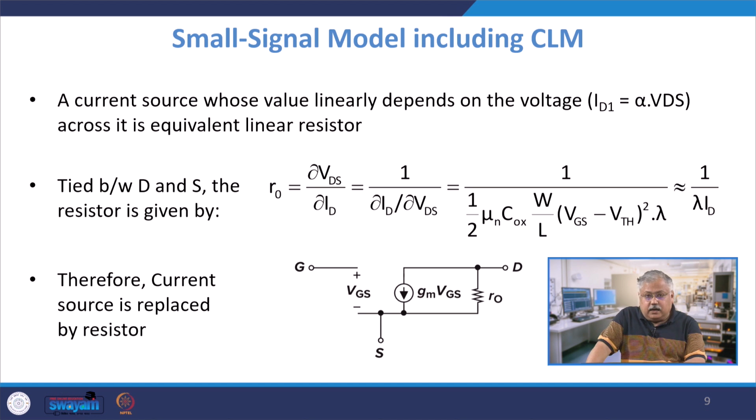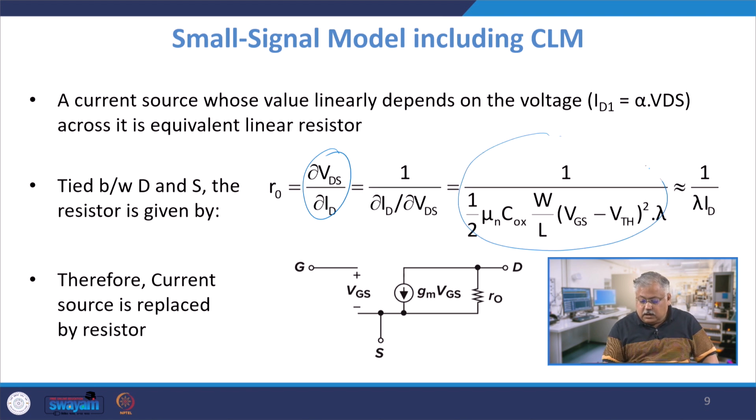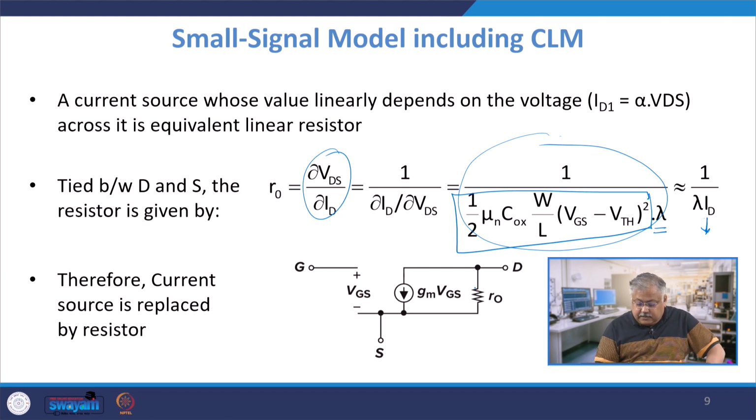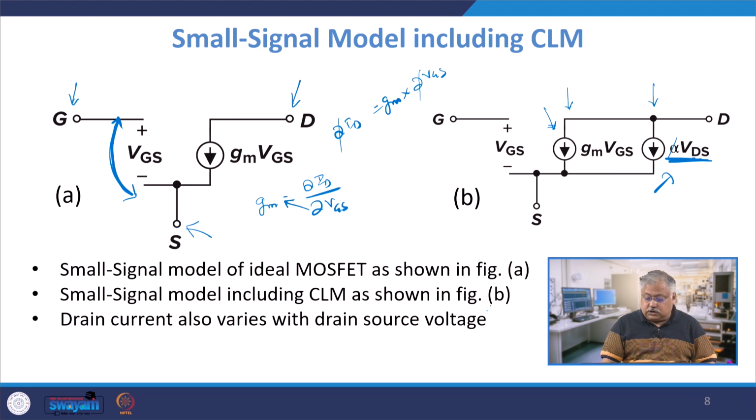Del VDS del ID, right? This is nothing but 1 by del ID del VDS, and this is given by this quantity. If you differentiate ID with respect to VDS with the CLM parameter, you get this into consideration, and this is nothing but my original ID equation. So I get 1 upon lambda ID, which means that interestingly I can replace the current source by a simple resistor.